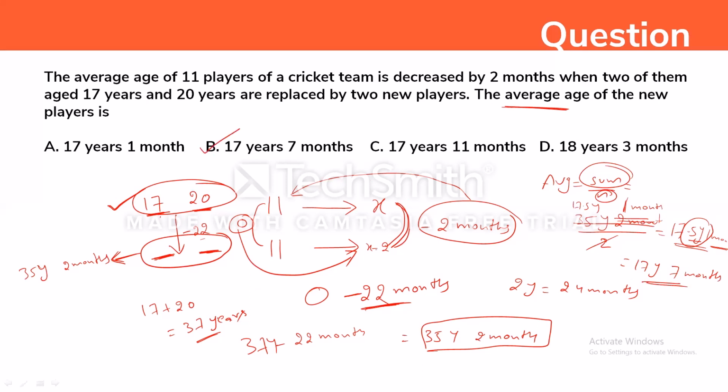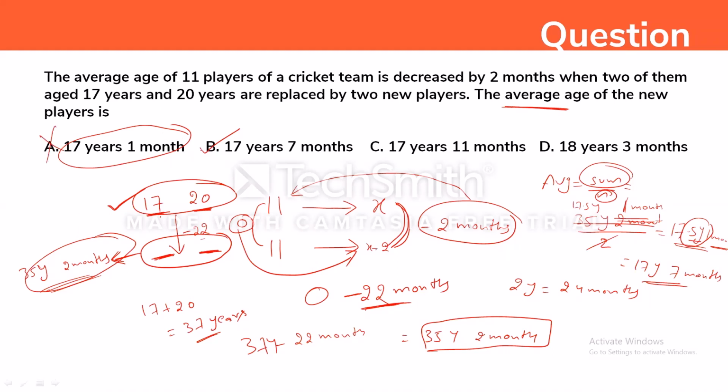Or else, directly you can guess which option is correct in this step itself. No need to do sum divided by n, because the total sum is 35 years 2 months, right? The average is given in the options. If I add 2 times this average, that will give us the sum. What is 17 years 1 month, 2 times? It is 34 years 2 months, but that is wrong.